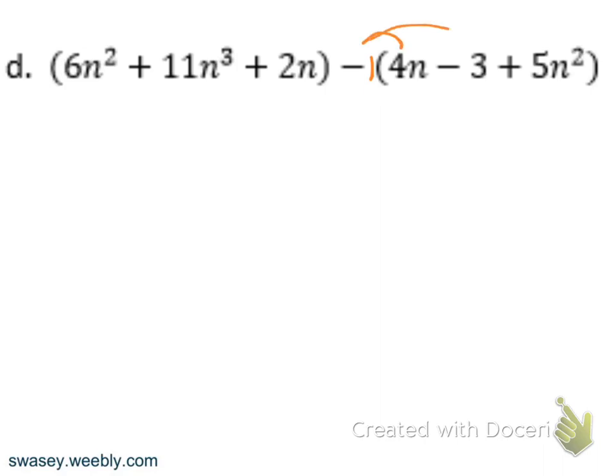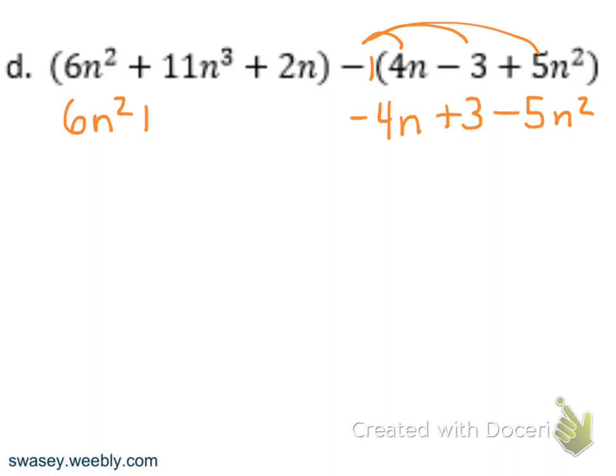Same thing here, distribute the negative. That changes every sign on the second polynomial. First polynomial stays the same. Combine like terms. So there's no other n cubes.